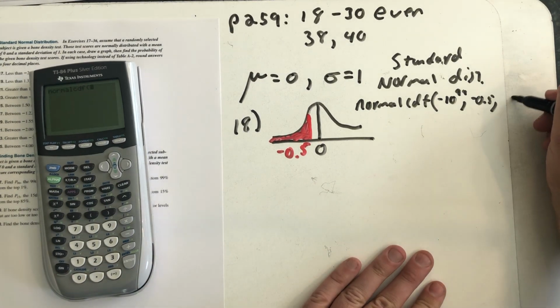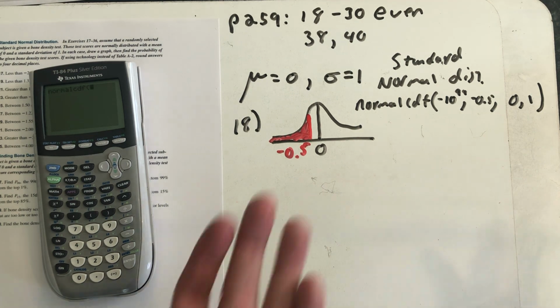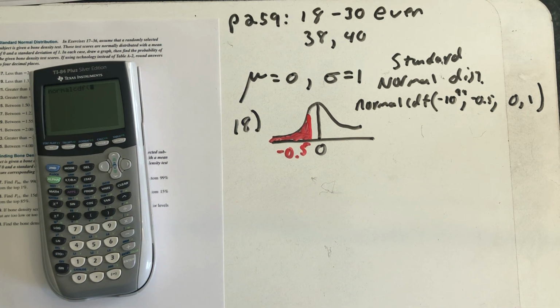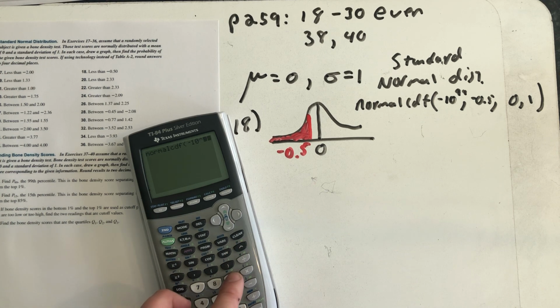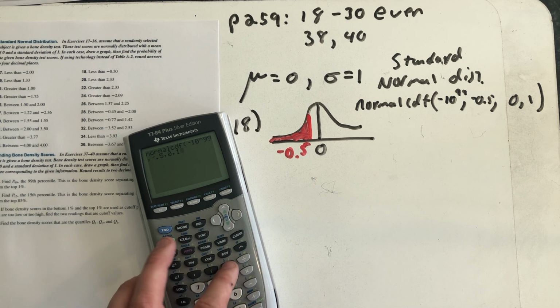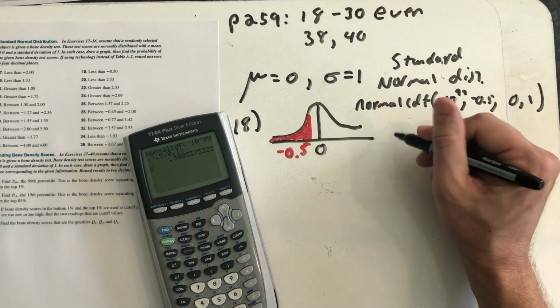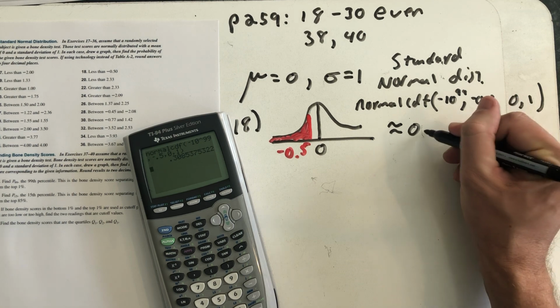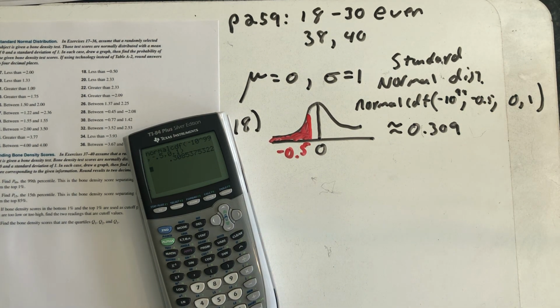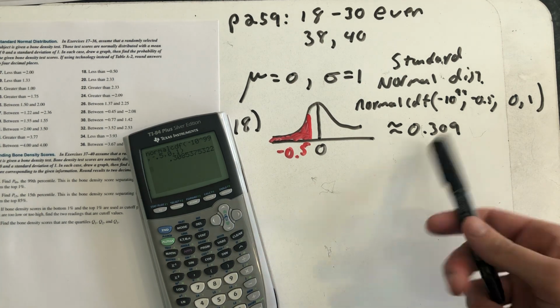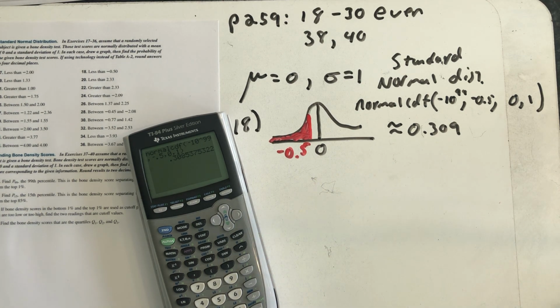Well, for the standard normal distribution, I don't actually have to, but I always just go on and do it anyway, and that way I never forget. So minus 10 to the 99th, comma, minus 0.5, comma the mean, comma the standard deviation, press enter, and there we get a probability. The probability of selecting a bone density test score below minus 0.5 is 0.309.